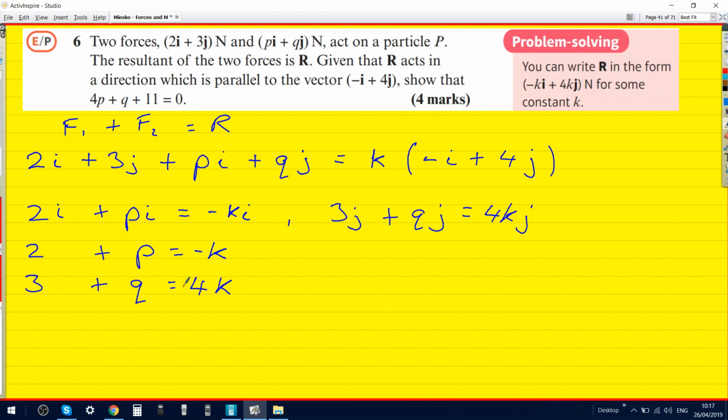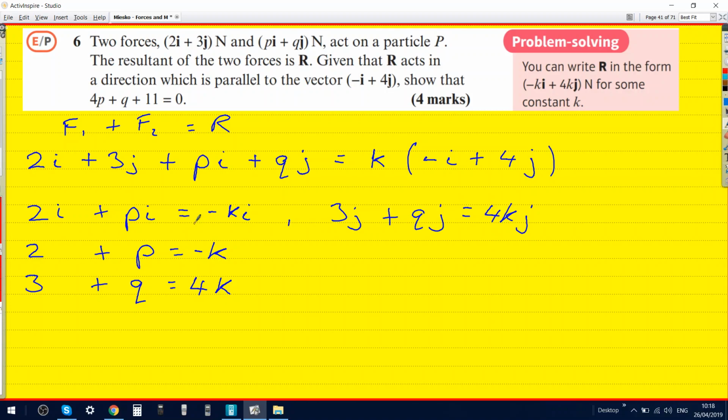How do we go about it? We could multiply the p equation by 4, so we get both equal 4k. That would be minus 4k. Minus 4, yeah. Okay, yeah. What would you get?